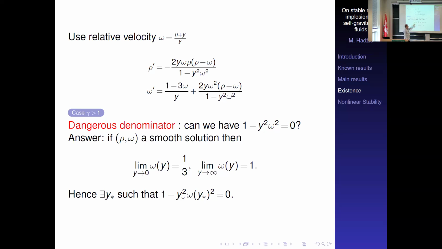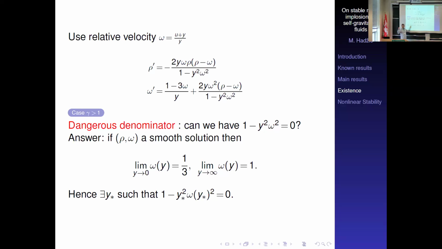And then you can play around with Taylor expansions a little bit more, and you can convince yourself that omega has to be 1 at infinity. So then, by the intermediate value theorem, 1 minus y squared omega of y squared is 1 at the origin and negative infinity at infinity. Therefore, there is at least one such point.